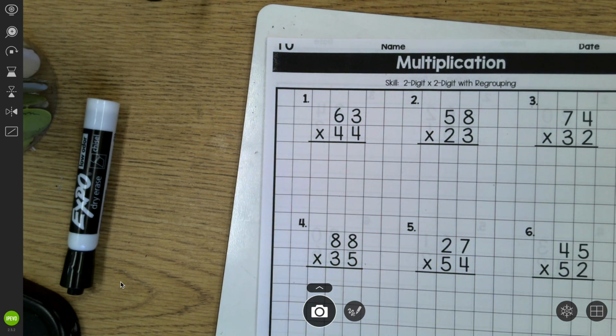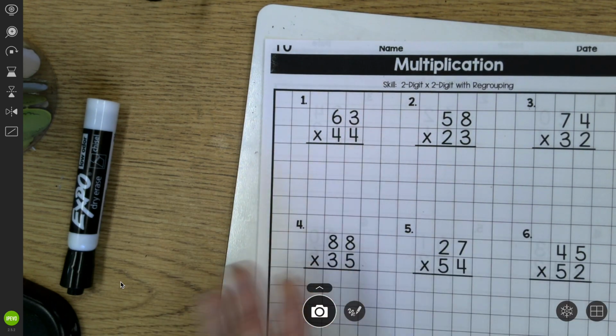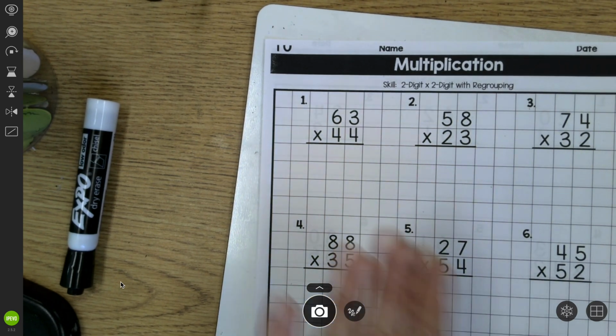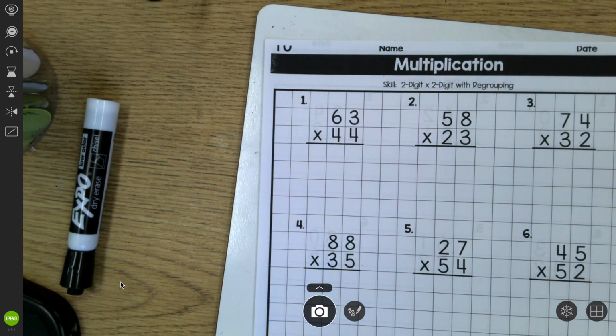That's what we're doing because in math, we want to be efficient. That means we want to do problems quickly and accurately. We want to get them correct and do it as fast as possible, right? So once you get the gist of this and get the hang of it, this I'm sure will be your preferred method, okay?